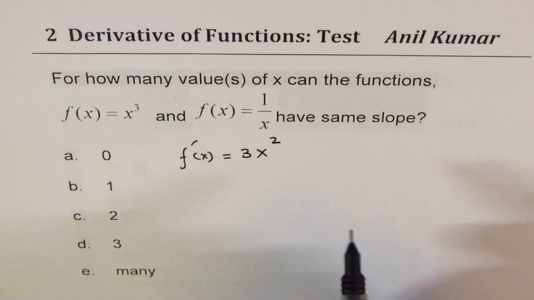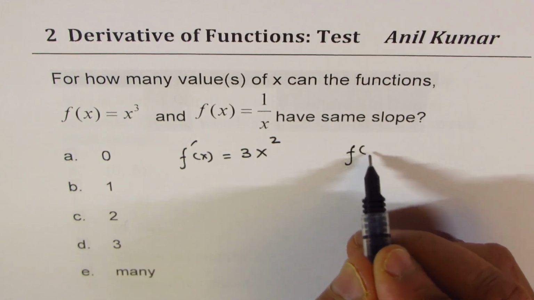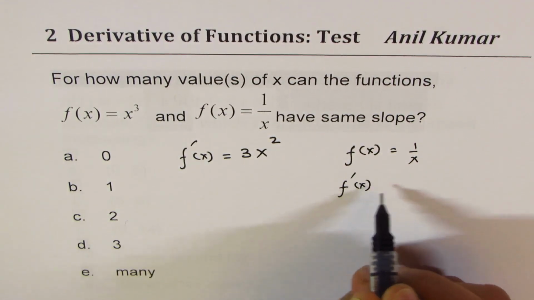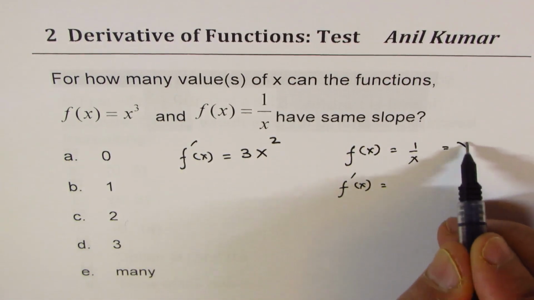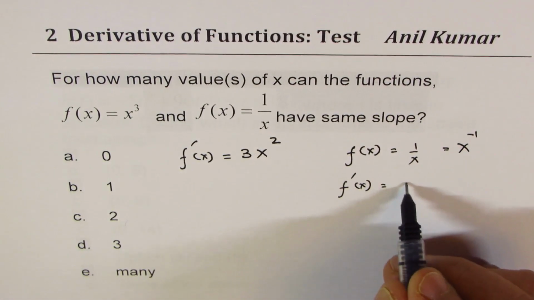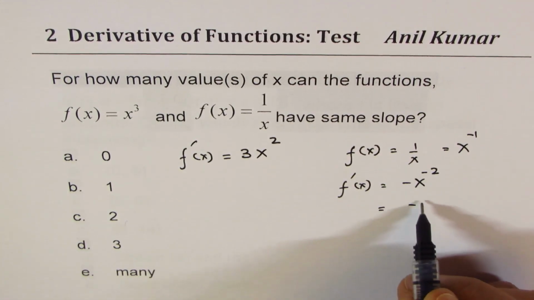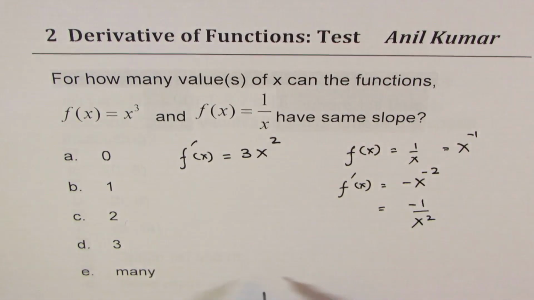Now for the second function, which is 1 over x, what is the derivative? You could write this as x to the power of minus 1. The derivative is minus x to the power of minus 2, or negative 1 over x squared.